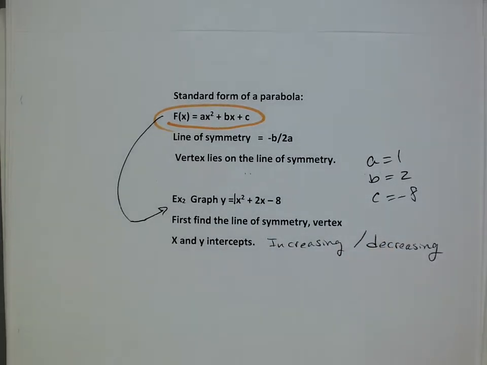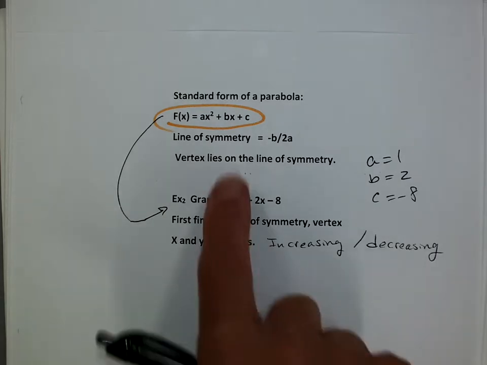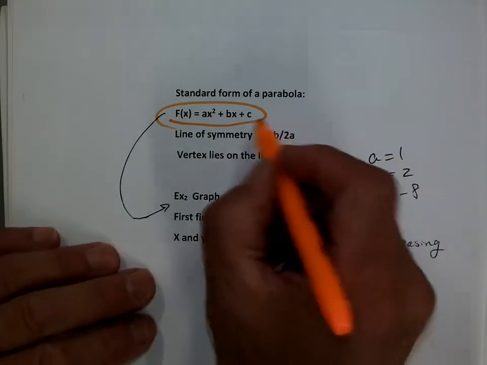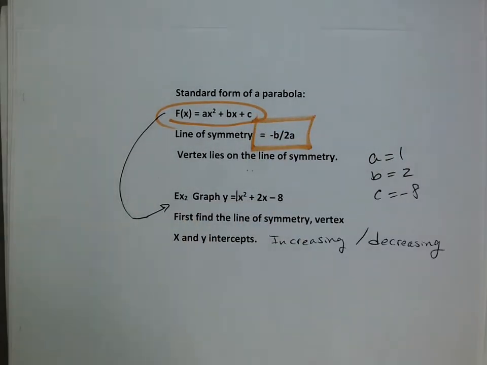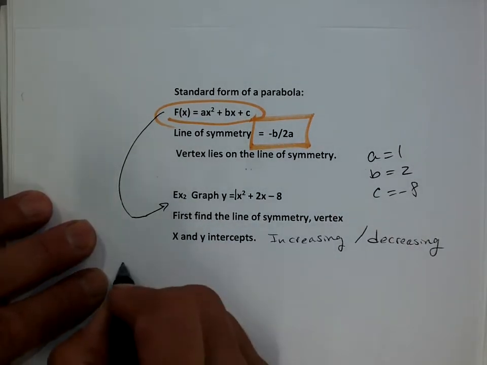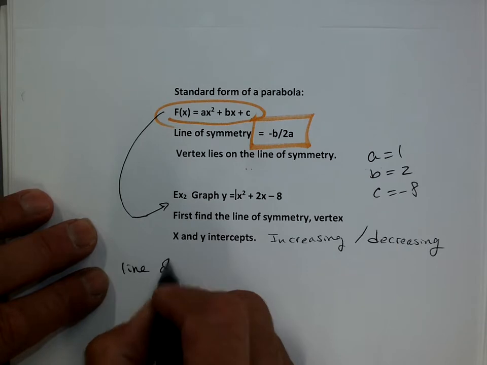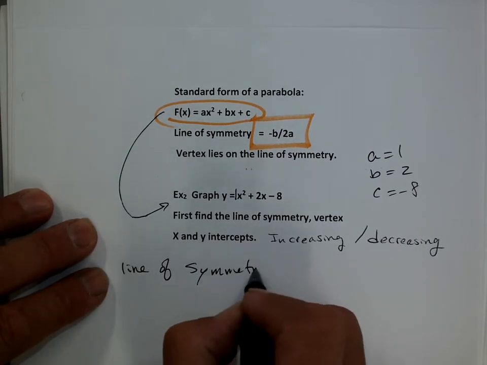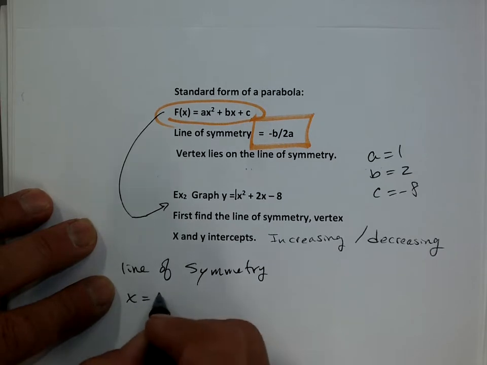Alright, now if we want to find the vertex, we're going to use this cool formula. Don't forget this formula right here. The line of symmetry goes through the vertex. So our line of symmetry is x equals negative b over 2a.